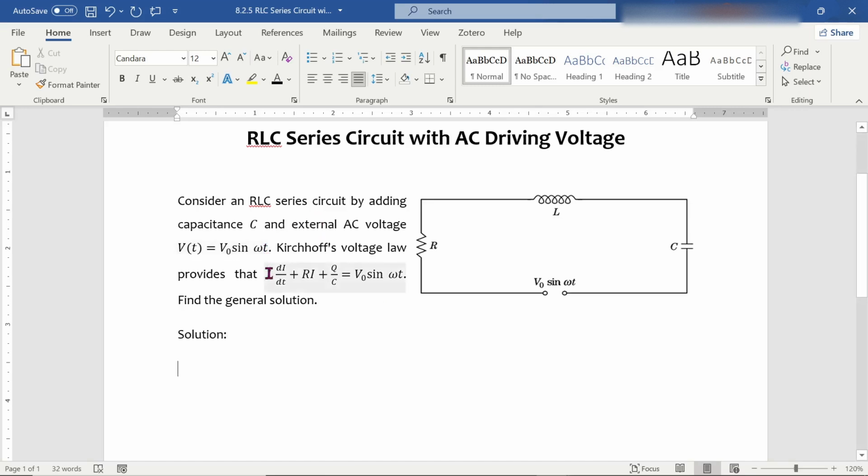So we first copy this equation right here that was derived by application of Kirchhoff's voltage law.